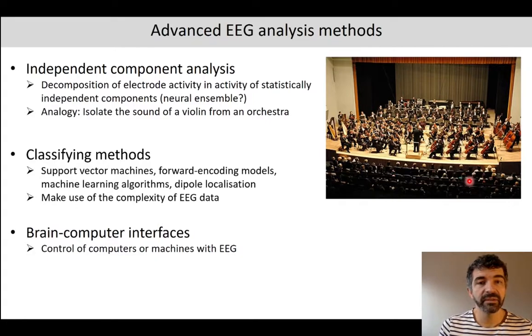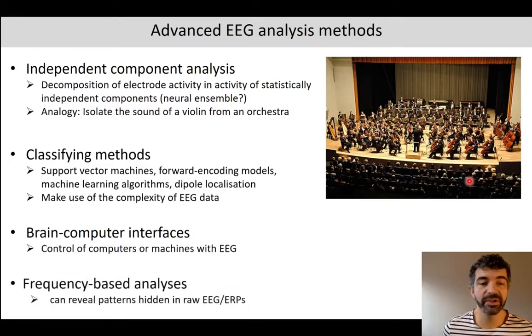And then another approach are brain-computer interfaces, where you can control computers or machines with EEG, and frequency-based analyses. For example, you can use specific frequencies in the EEG band to reveal patterns that are otherwise hidden in the EEG signal, because there might only be a deflection in a specific frequency due to your experimental manipulation.